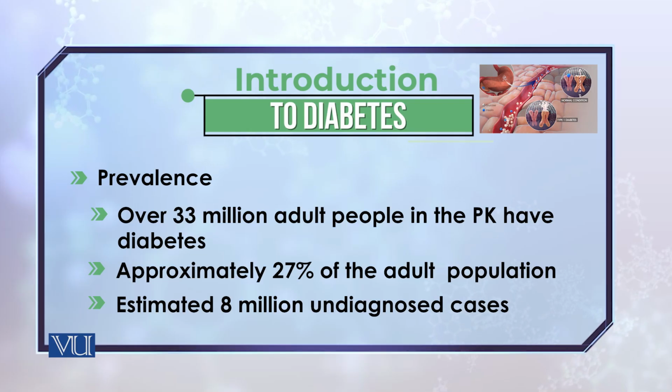For instance, in Pakistan, 33 million adult people are diabetic. 33 million, that's a huge number. And approximately 27% of the adult population, more than 1/4 of the adult population, almost 1/3 I would say, is diabetic. 8 million people still are undiagnosed.